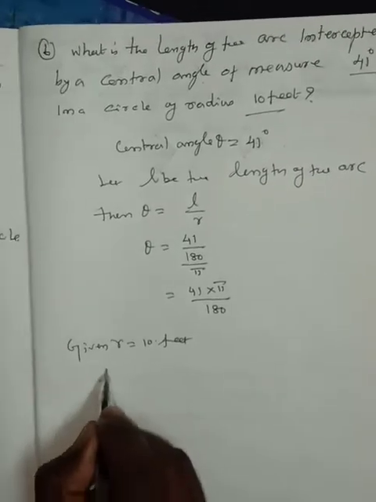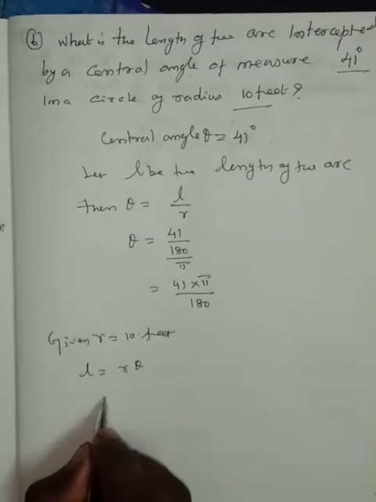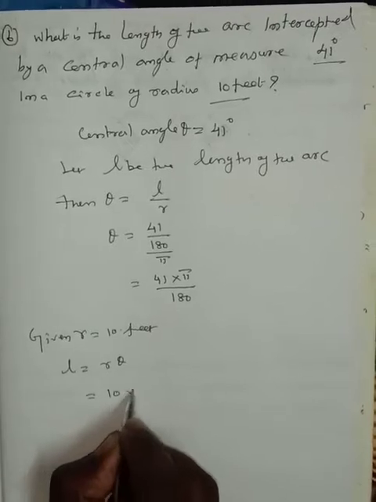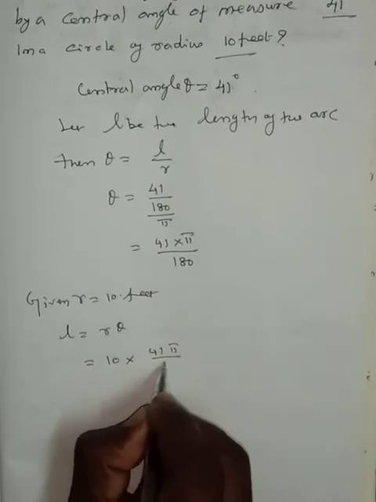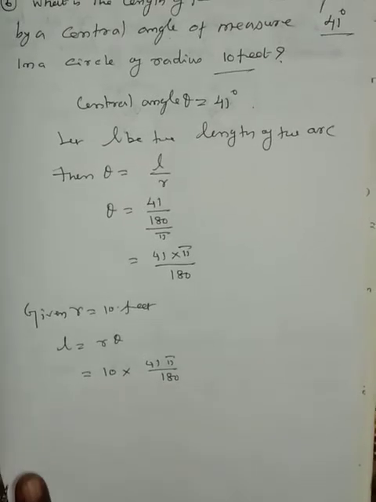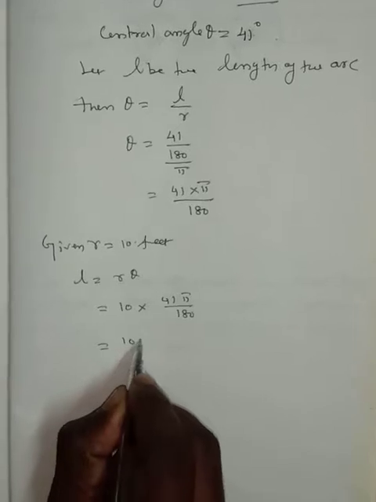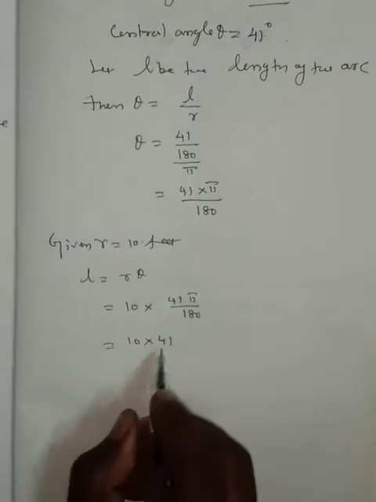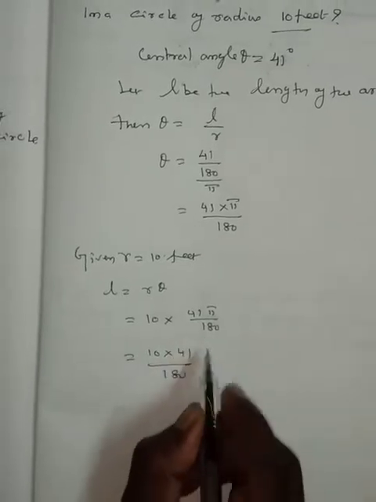L is equal to R theta is the formula. Is equal to 10 into 41 pi divided by 180, is equal to 10 into 41 divided by 180 into pi, and pi is 22 by 7.